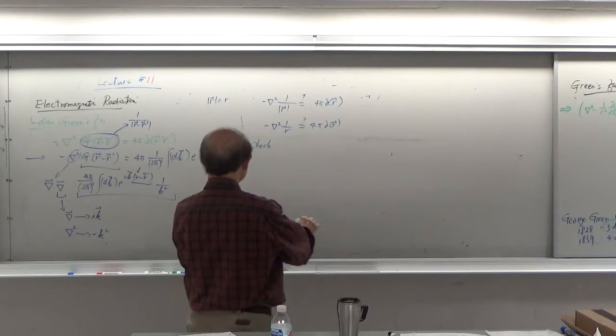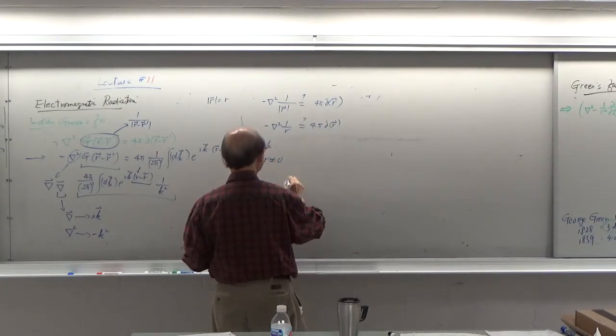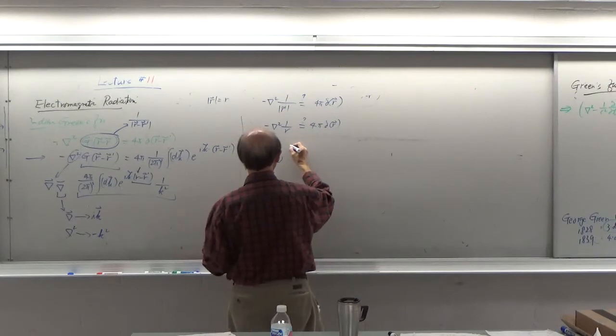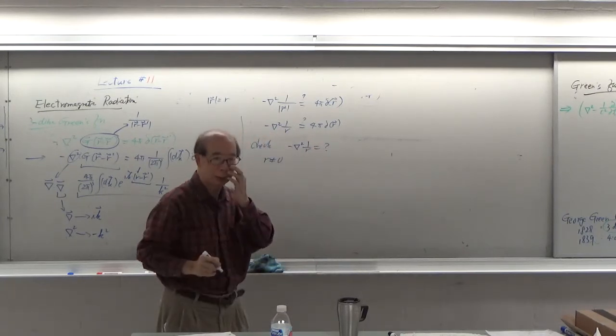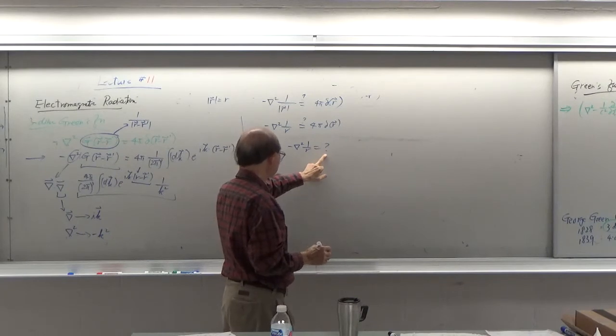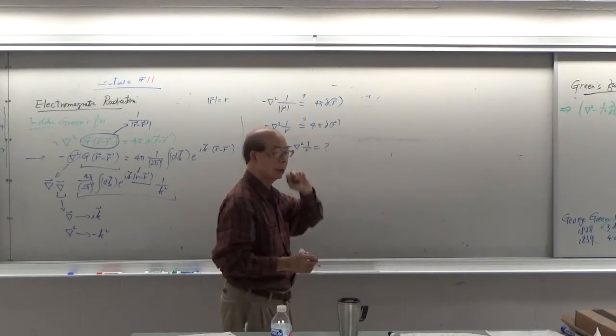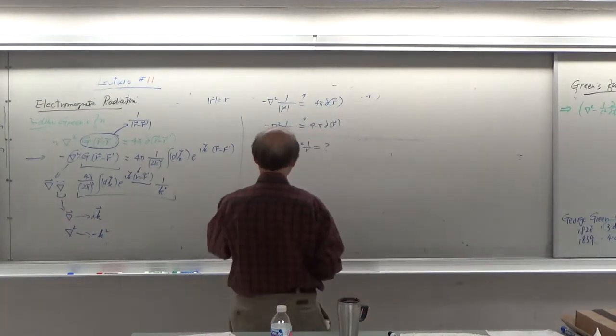All right. For r not 0, let's look at the Laplacian acting on 1 over r. What's that equal to? And very soon we will have to conclude that in fact this question mark is just 4 pi times the three-dimensional Dirac delta function. Okay, let's check that.